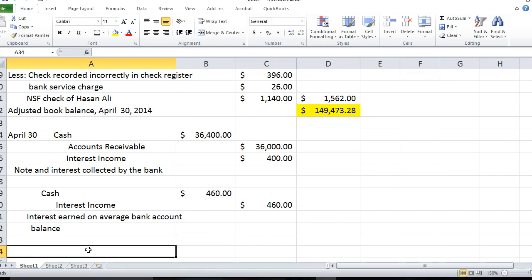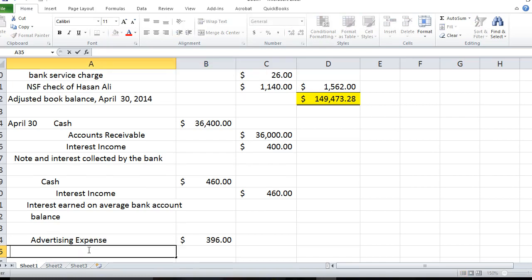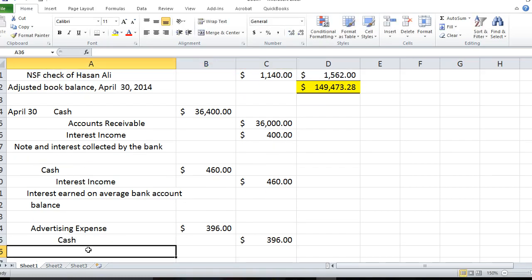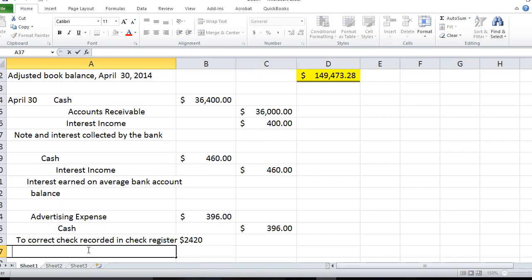Then we also incorrectly recorded a check, and we recorded it $396 less than what we should have for advertising. So we're going to want to show our advertising expense of $396 and a decrease in cash of $396 to correct the check recorded in the check register, 2,420 less 2,024.